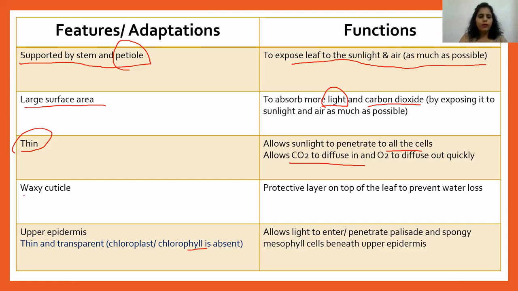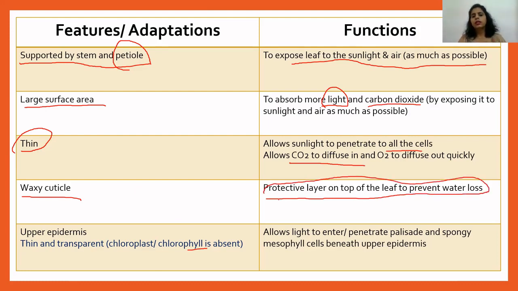Now on the top of the leaf we have a waxy cuticle. This waxy cuticle is important because it protects the upper epidermis. The presence of the waxy cuticle on the top of the leaf is a protective layer, and it helps in preventing water loss. When sunlight falls on the leaf, the temperature of the leaf gets high.